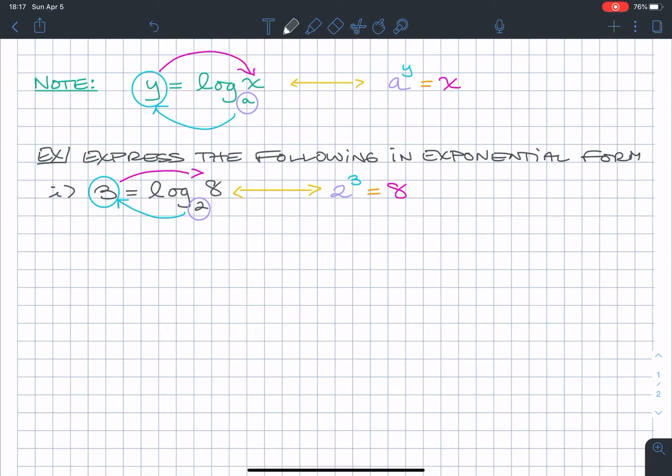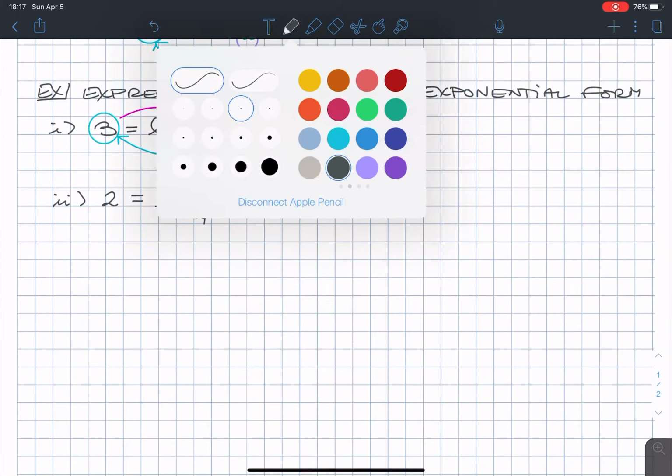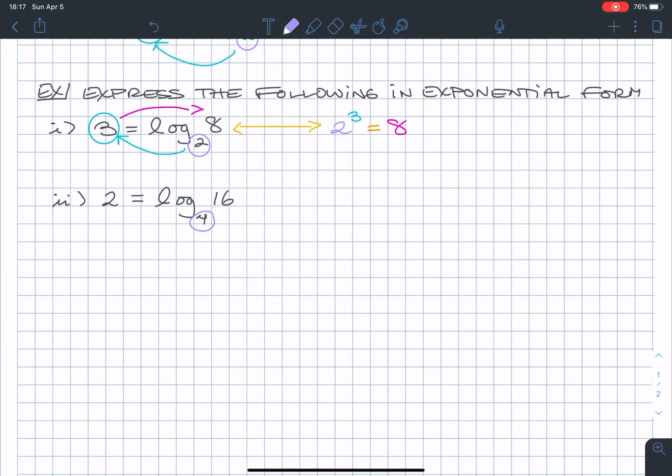Okay, so number 2, let's say I have 2 is equal to log base 4 of 16. So I start at the base, 4, and I raise it to the answer, 2, and hopefully I end up with the argument, what's inside, 16.